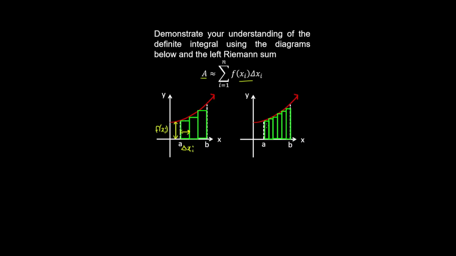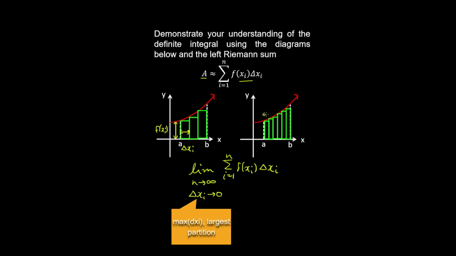Now if we keep decreasing the width of each rectangle, so in other words in the limit, as the number of rectangles becomes infinity, and we're taking the limit of the left Riemann sum, well delta xi is going to approach 0. So this is the same thing as taking the limit as delta xi approaches 0.